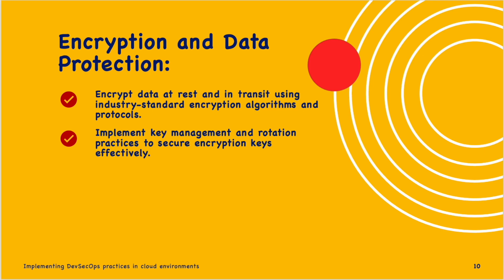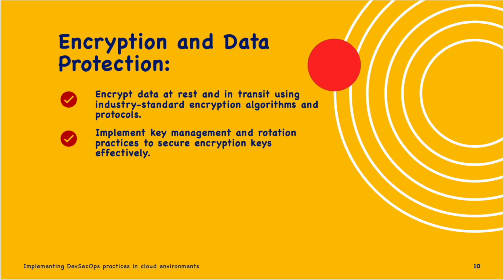That's the CIA from information security. Let's talk about it. Encrypt data at rest and in transit using industry standard encryption algorithms and protocols. Implement key management and rotation practices to secure encryption keys effectively.